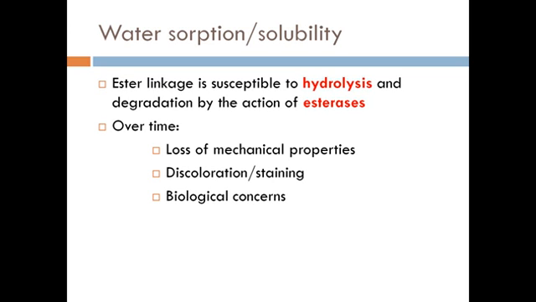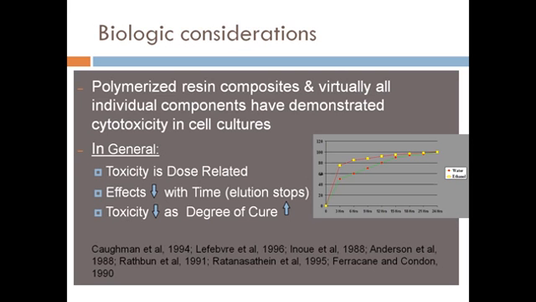Over time, the water absorption and solubility, which just means how much water you take up and how much material gets solubilized and leached out into the cavity, relates to the loss of mechanical properties, discoloration and staining, and some biological concerns, because some of those leachates can be cytotoxic. So the more water sorption and solubility, the worse the performance of the composite.